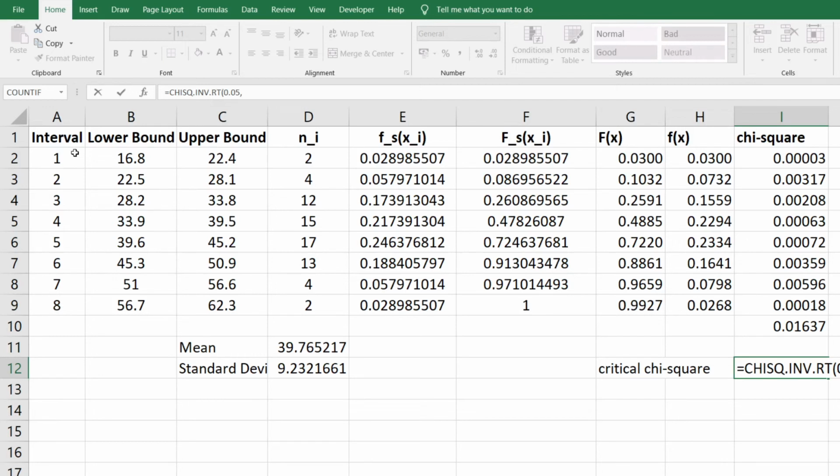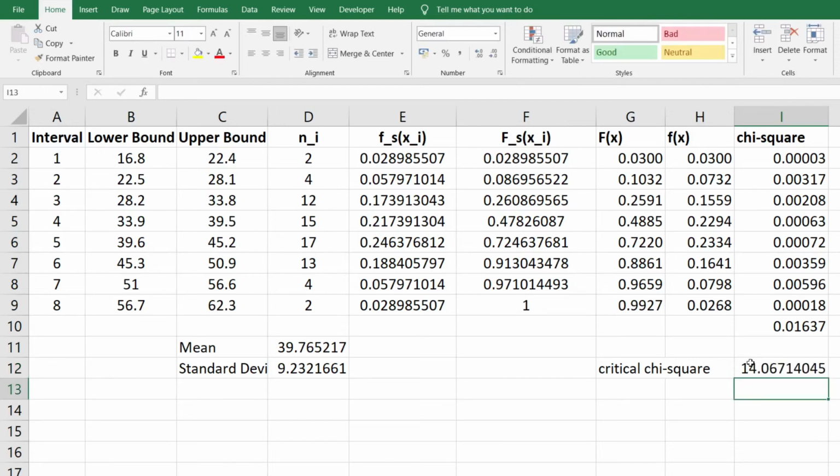So, the degrees of freedom is just equal to the number of intervals minus 1. So, 8 minus 1 is 7. So, 0.05 and then 7. And then, enter natin. Ito na yung critical natin. 14.07. Napakataas, ano?